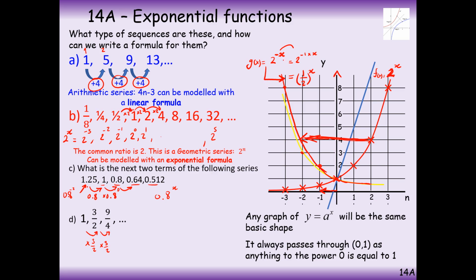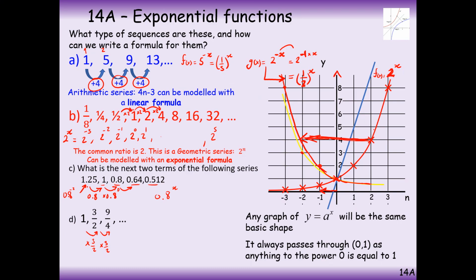If you see a negative power in an exponential, you can rewrite it as a positive power. If you have a function such that f of x is, let's say, 5 raised to the power minus x, that's the same as 1/5 raised to the power of positive x. Why? Because I separated the power as minus 1 times x, and I rewrote 5 to the power minus 1 here.